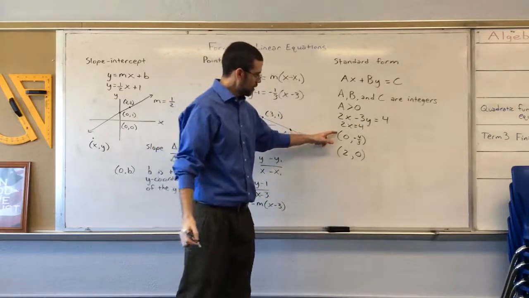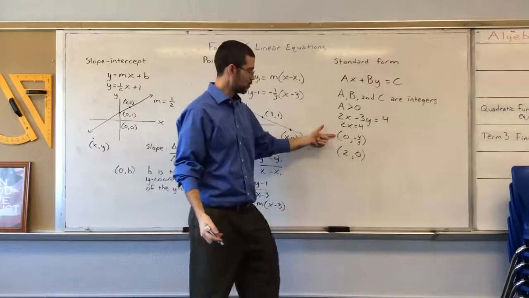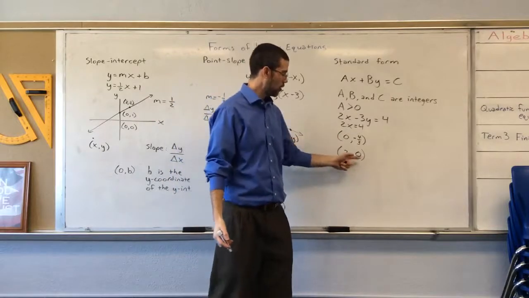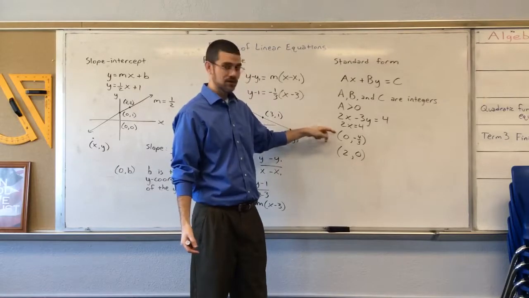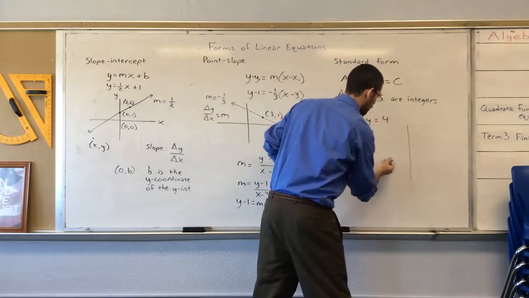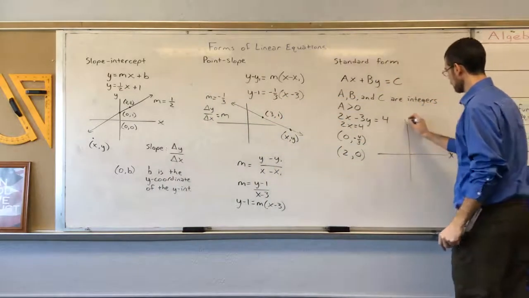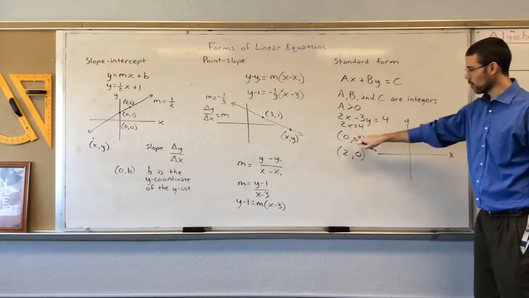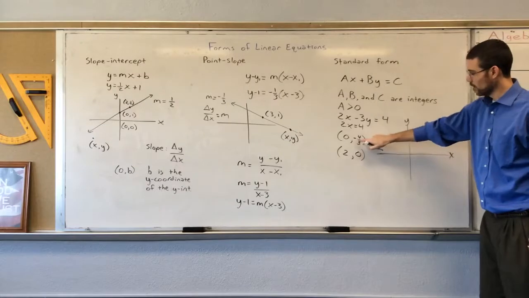And now I've got 2 different points on my line, but they're special points. They're points where the x-coordinate is 0 or the y-coordinate is 0. So this point, when x is 0, you're on the y-axis. Let's make that. We've got the x-axis and the y-axis. We know we have a point when x is 0, we're somewhere on the y-axis.